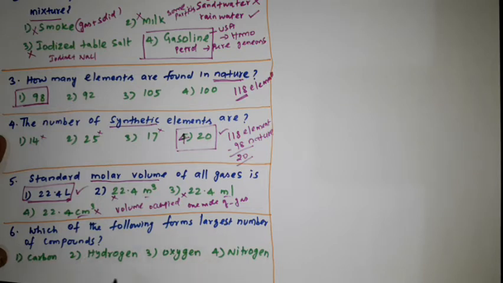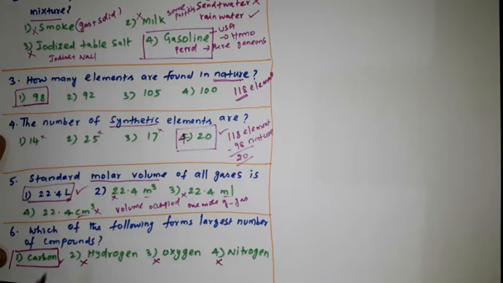Among the 4 elements, carbon is the only element that forms the greatest number of compounds. You cannot find other elements forming such great numbers. So carbon is the most important element, forming the greatest number of compounds. So carbon is the correct answer. Hydrogen is wrong here, oxygen wrong, nitrogen also wrong.